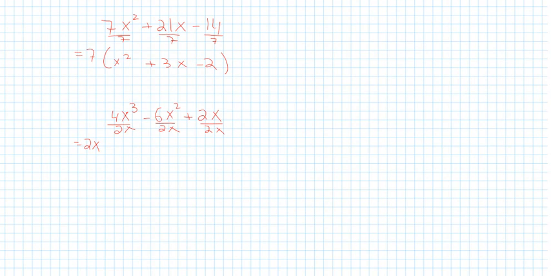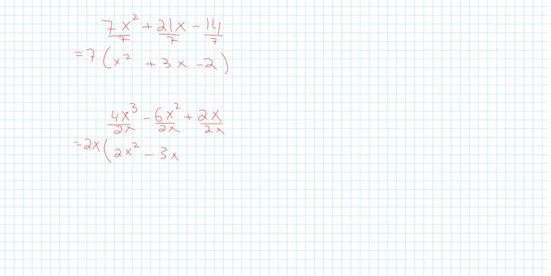What do I have left for the first one? 2x squared. Okay, how about for the second one? So 3x. Thank you. Right? Because I'm going to write exactly what you guys said.